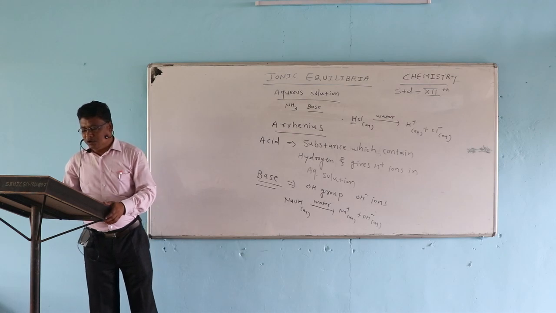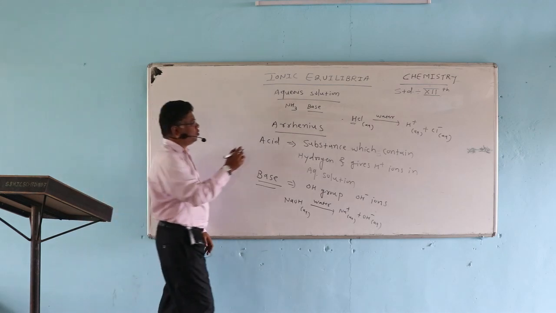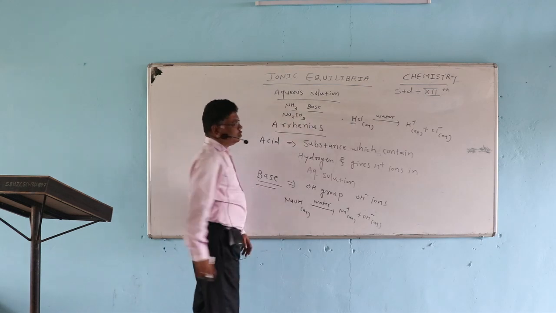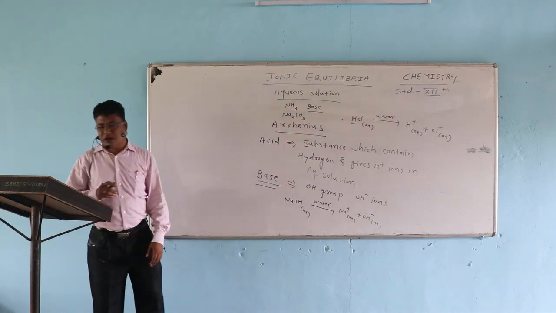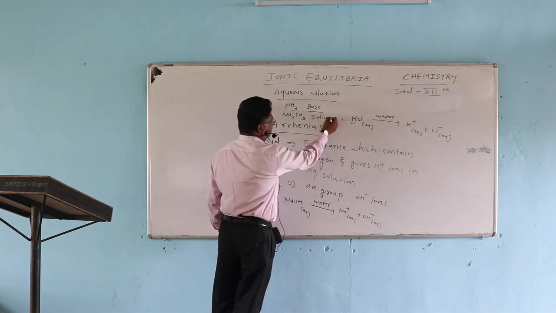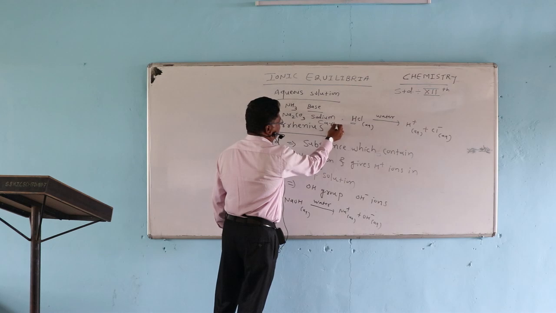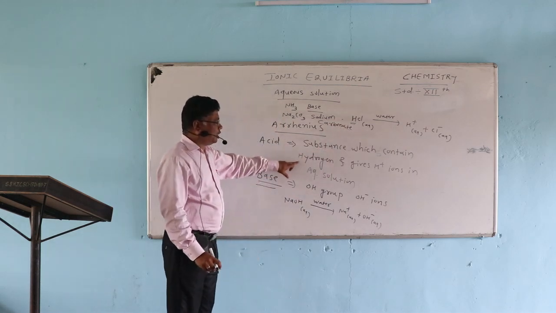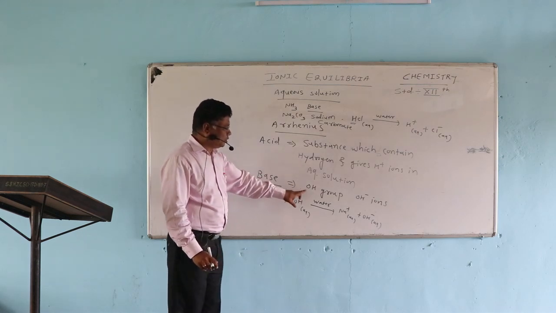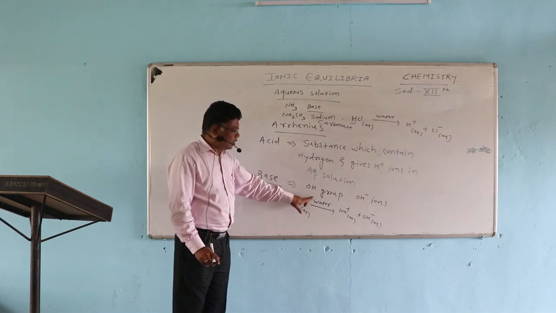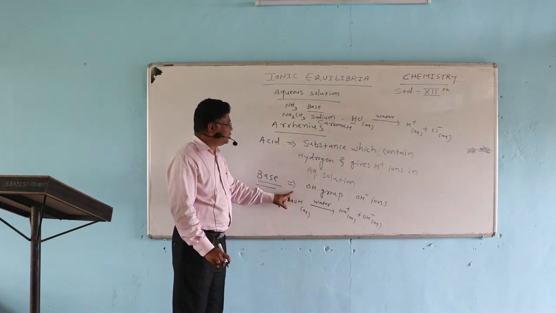Similarly, Na2CO3, that is sodium carbonate. You know, substance which contains hydrogen and gives H plus ions is called acid. Substance which contains OH group and gives OH minus ions in aqueous solution is called base.